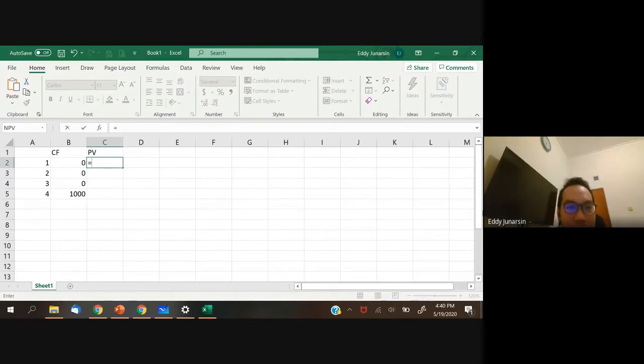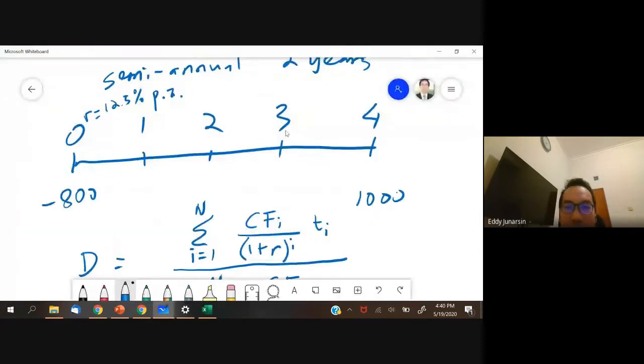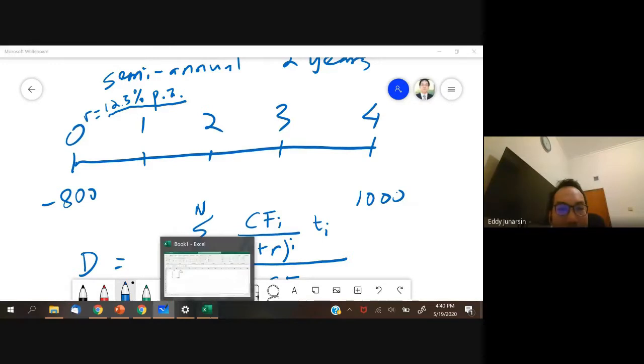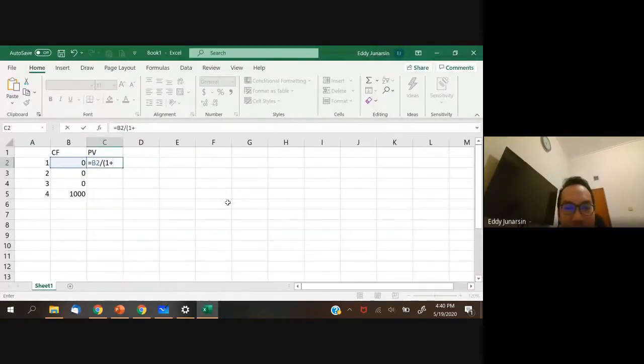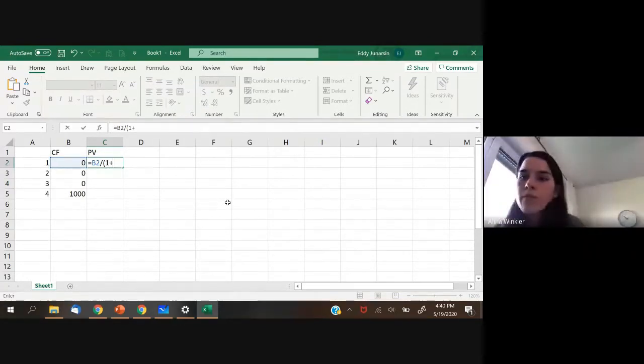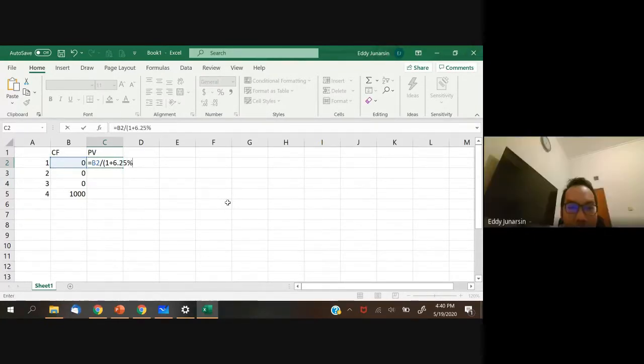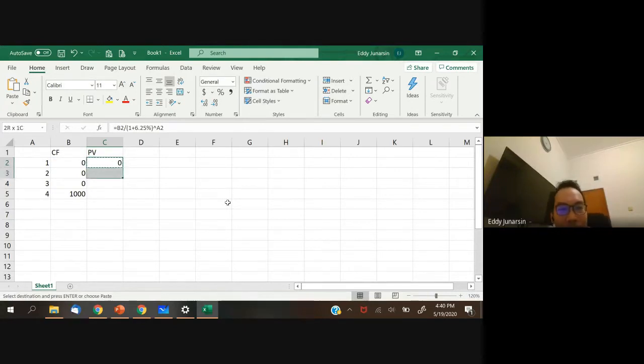So the first one, what is it again? 0 divided by, what is our market rate for this one? 12.5% per annum, to the power of 1, yes. And then we just copy and paste, right? To the power of 2, to the power of 3, to the power of 4.